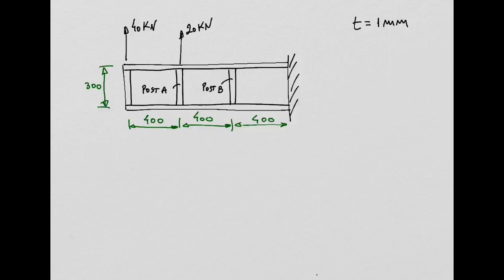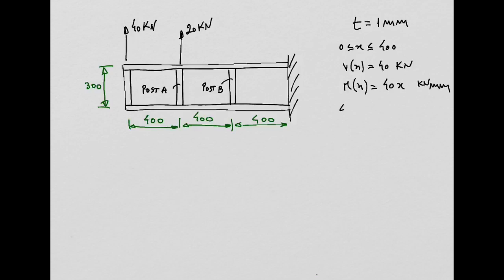So, shear force and bending moments, you have for the shear force, you have Vx. So for this region, 0 to 400, you have Vx equal to 40 kilonewtons, and you have Mx equal to 40x kilonewton millimeters, right?